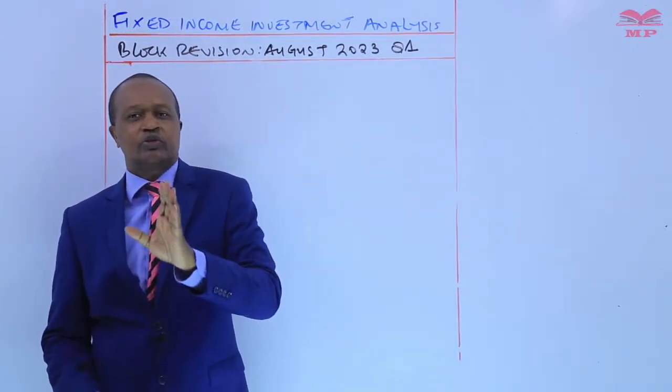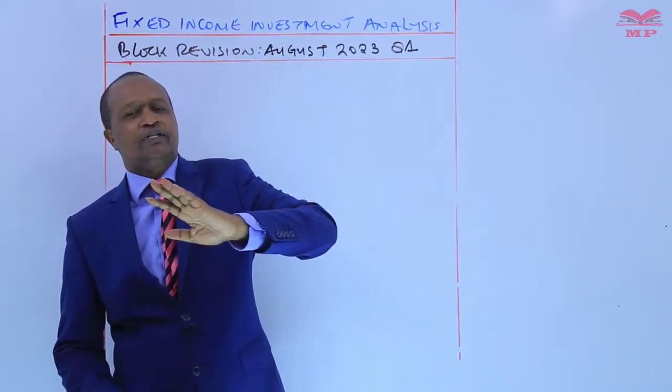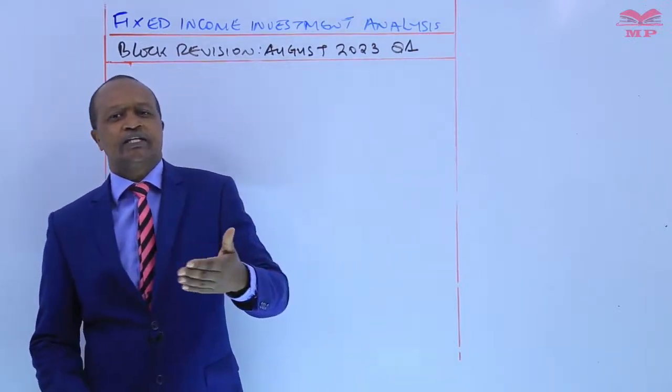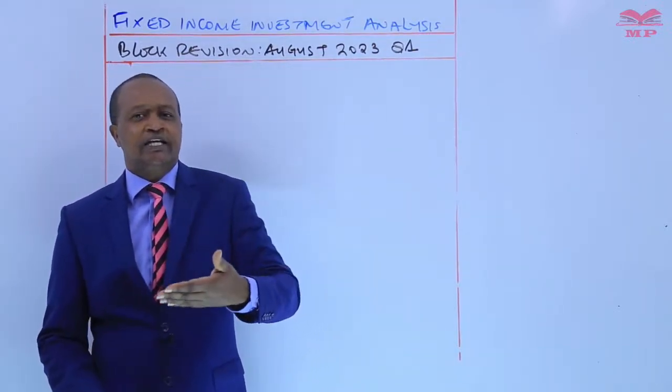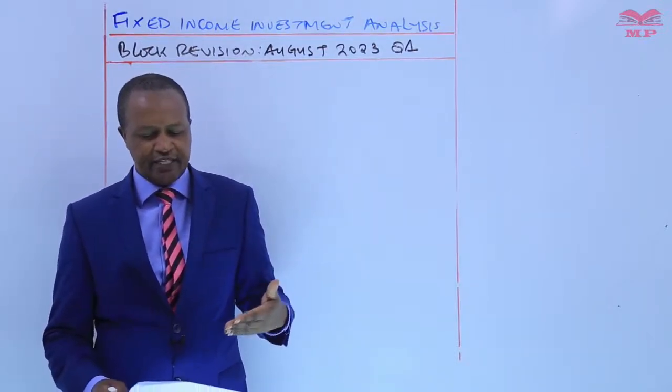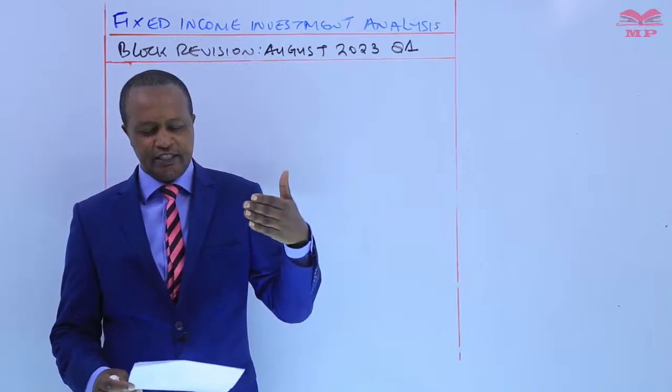And that allows the issuer to access the foreign currency market while still paying back investors in their preferred currency. That is a dual currency bond.